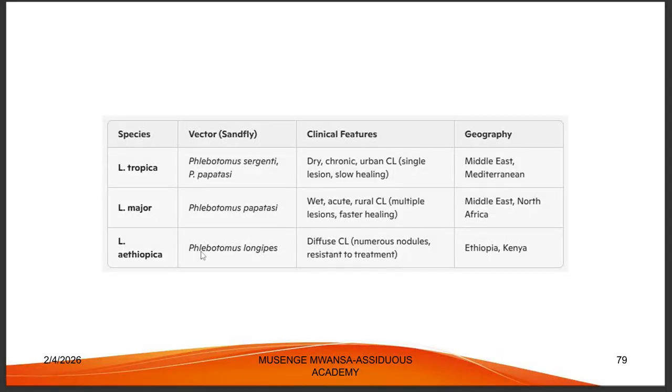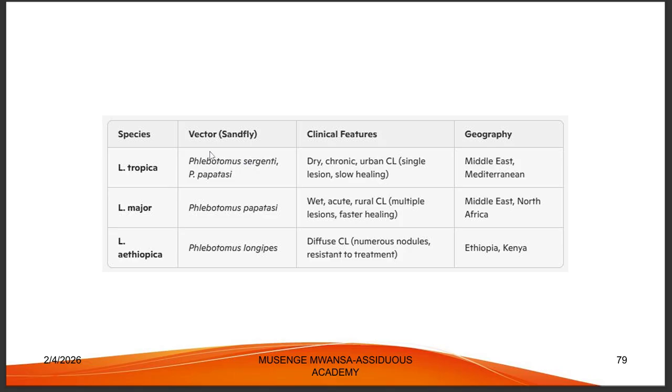Okay, so just to compare, for L. tropica, the vectors are usually Phlebotomus sergenti and papatasi. Okay, all these are causing cutaneous leishmaniasis.